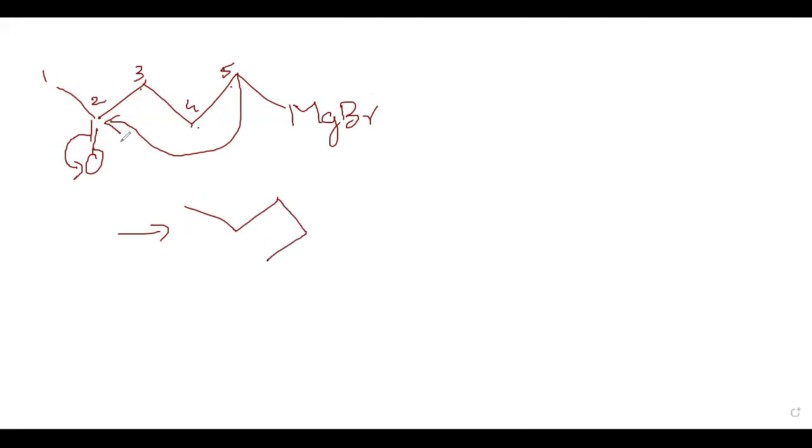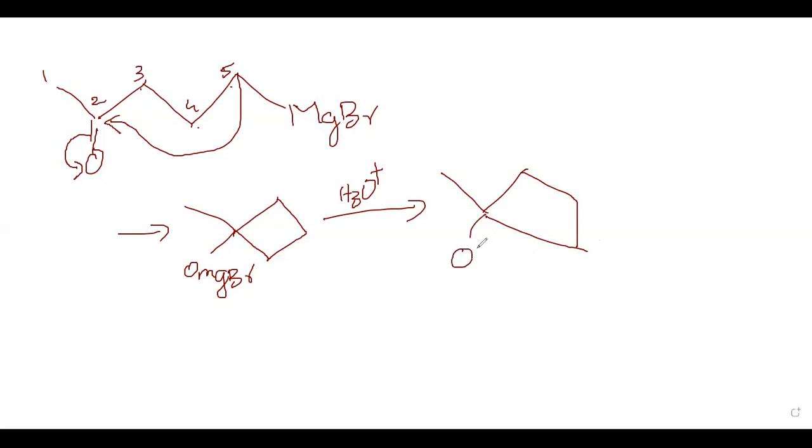Okay, 5 is attacking 2. So OMgBr. Now this will get hydrolyzed, acid hydrolysis, H3O plus. So again this 4-membered ring and OH. That's all. Cyclization, don't get confused. Follow the numbers. Whatever substituents are there at each number, don't forget to write them down.